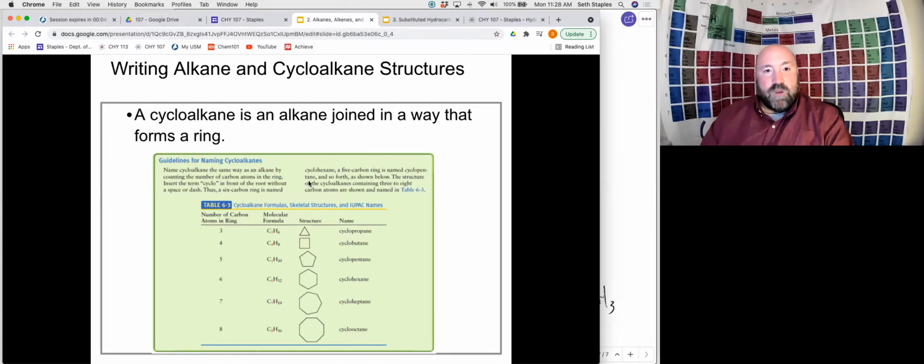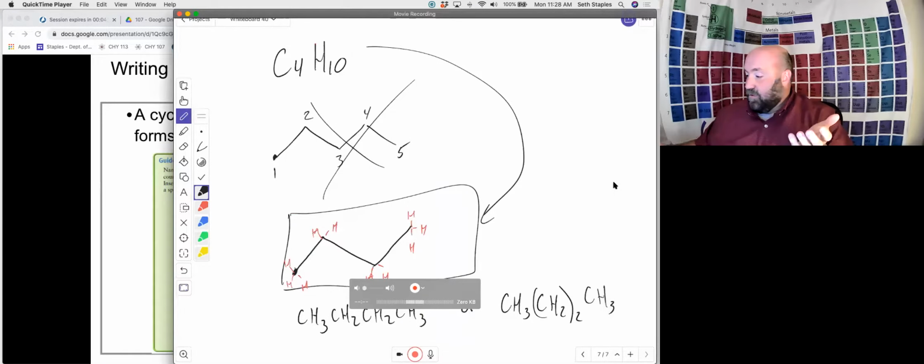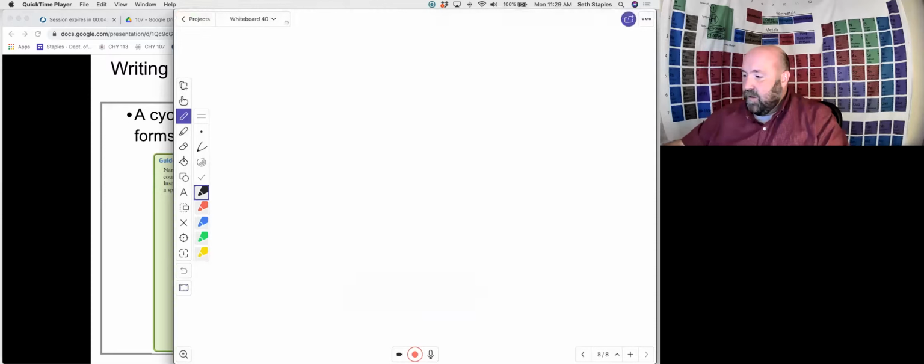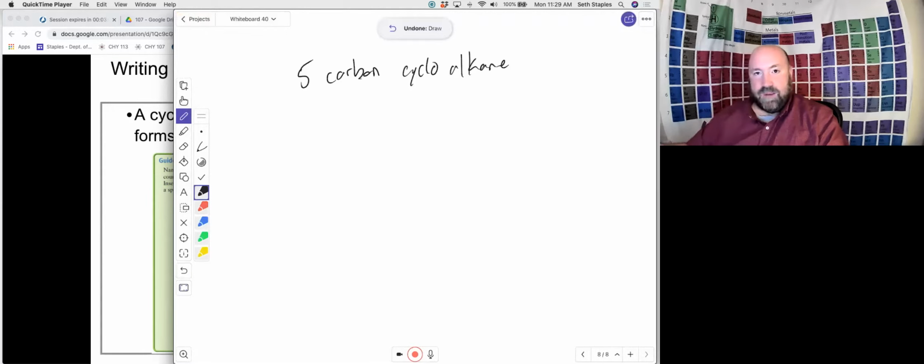We also have what we call cycloalkanes. A cycloalkane simply means that it's an alkane that now is going to come around and form some sort of ring structure. And so let's say that I have a 5-carbon cycloalkane.